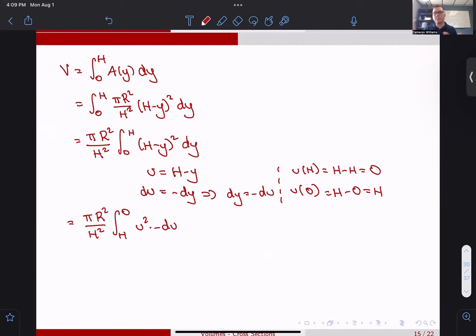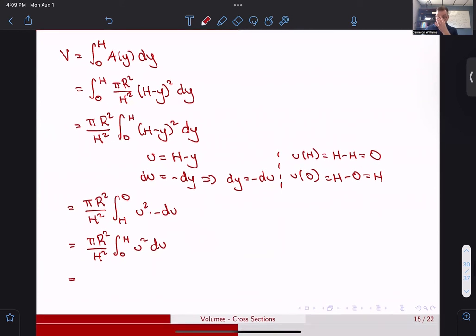You don't have to do that. You could do the antiderivative, factor out the negative, do the antiderivative, plug in the endpoints. It'll work out the same. But I'm kind of particular and I don't like integrating right to left. So I'm going to use that negative to my advantage. And now we just have the integral of u squared.